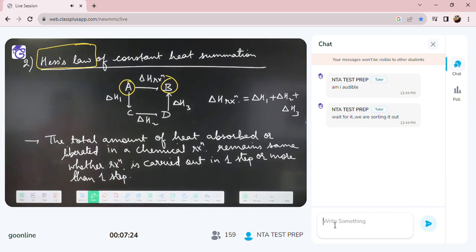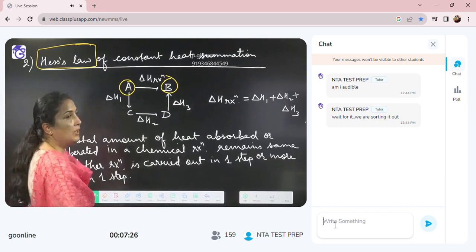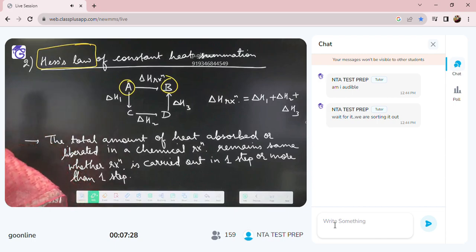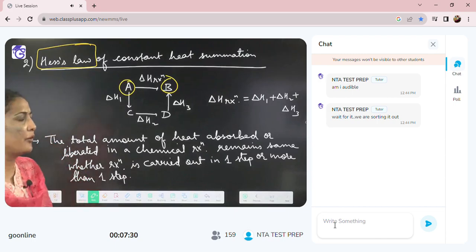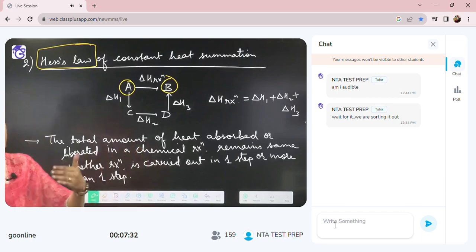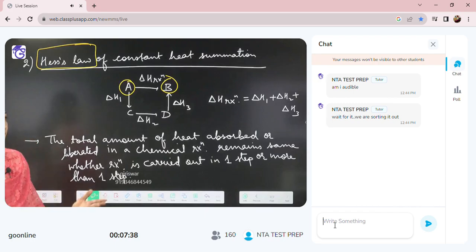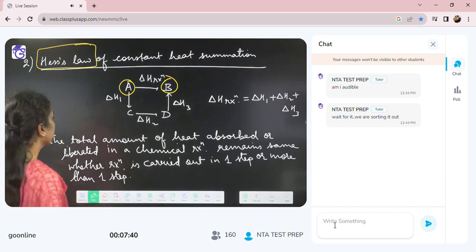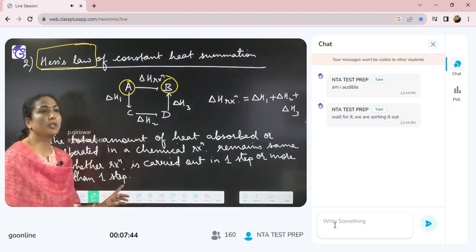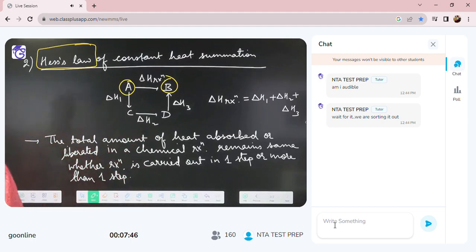Quickly write this down. Then I'll give you a small question here, very basic question, so that you have the understanding of Hess law. As such, Hess law will keep on coming, right? That means when we are learning enthalpy of formation, when we are learning enthalpy of combustion, it will keep on coming there. Can I proceed to the next one if you people have written?